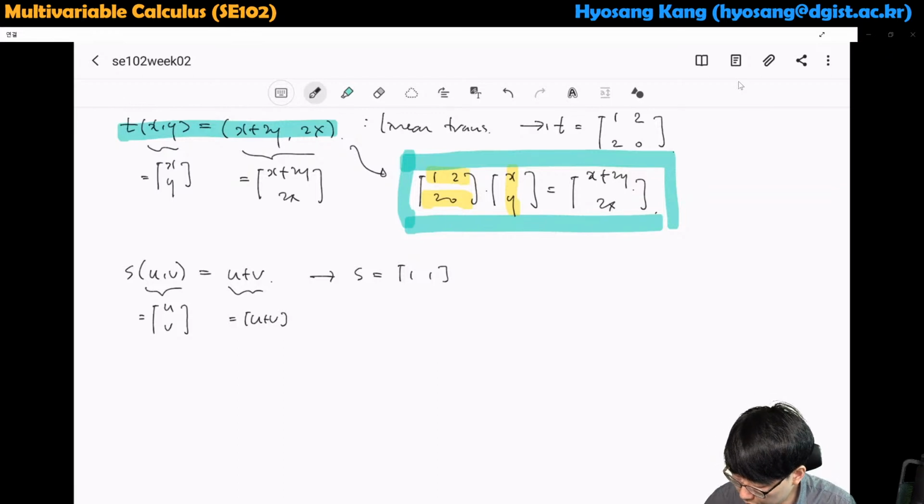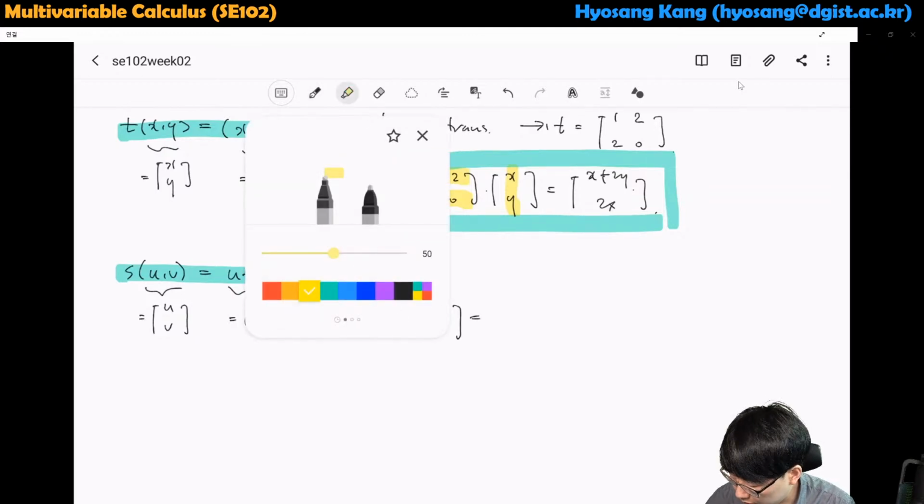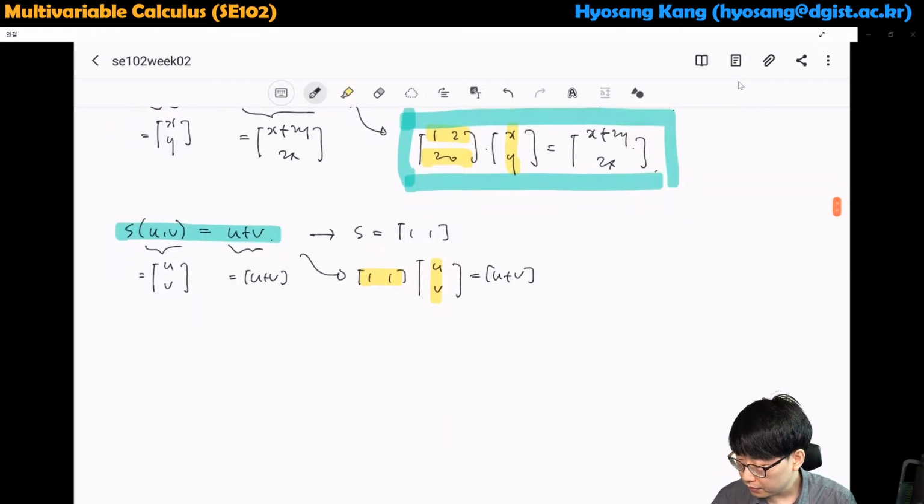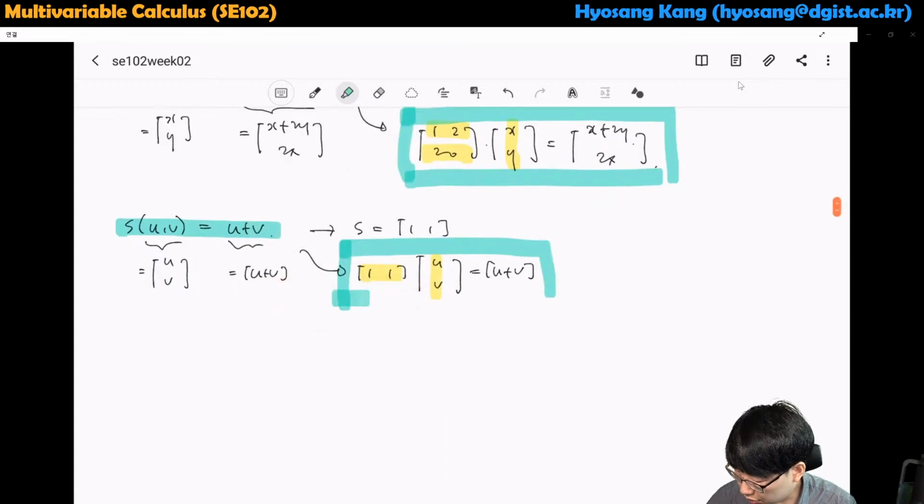because you can rewrite this definition of S as matrix multiplication, (1 1) times (u, v), and if you multiply these two matrices, you have only one entry, a 1-by-1 matrix, u plus v. Now I want to composite these two functions.